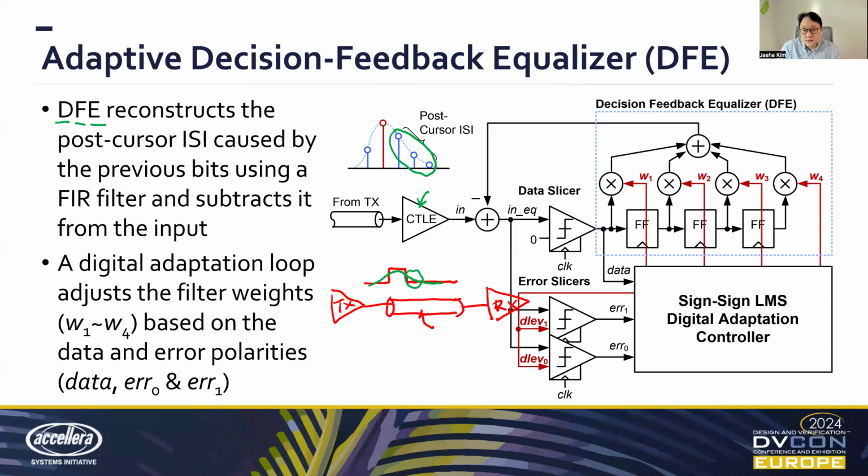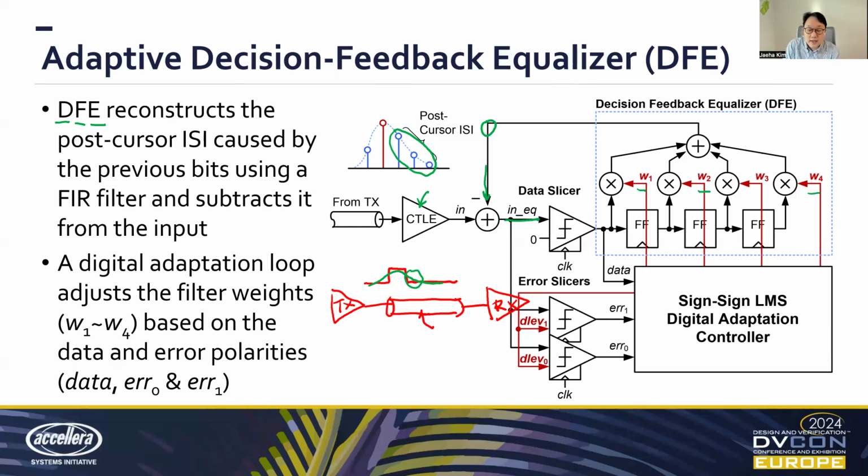Of course, this is assuming that this DFE knows about the channel characteristics, and by applying the proper filter coefficient values, W1 through W4 in this example, and multiplying each of them to the corresponding previous bit, adding them up, and constructing the post-cursor ISI expected for the current bit. Then you subtract that from the incoming bit, and now you have a signal that is ISI free. More precisely, post-cursor ISI free. We call that an equalized signal.